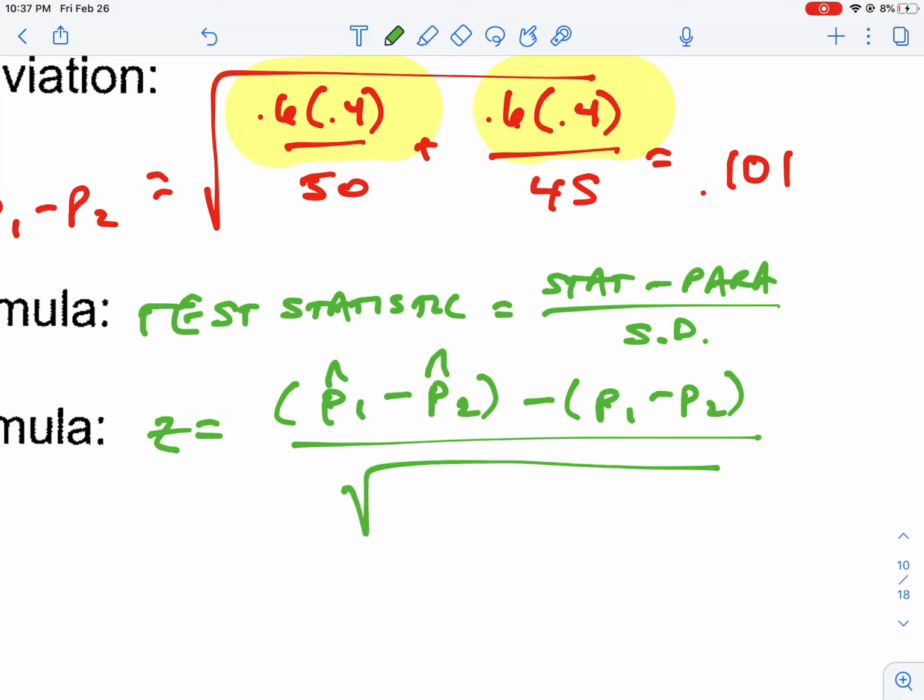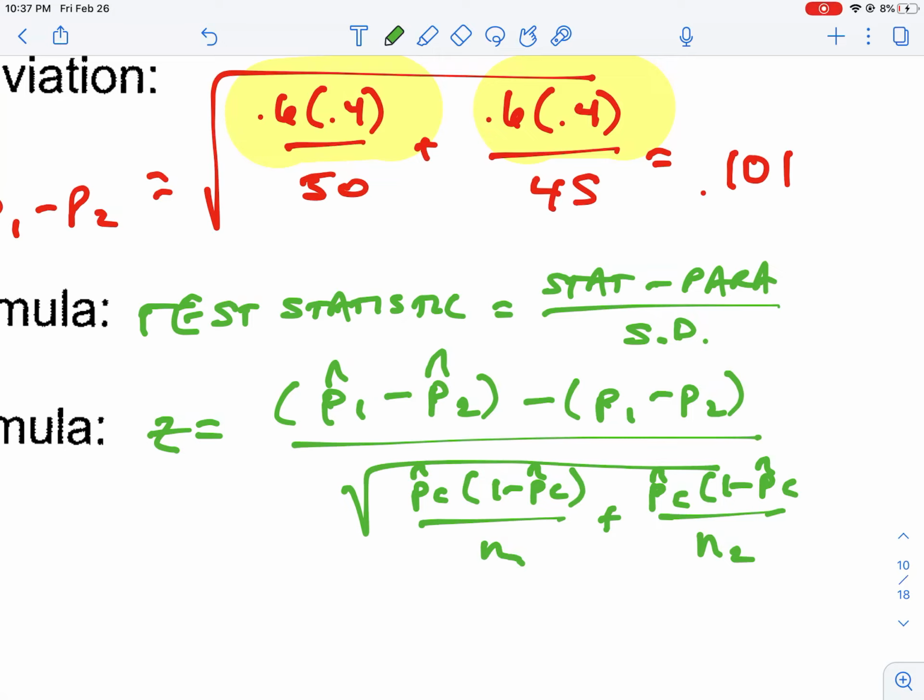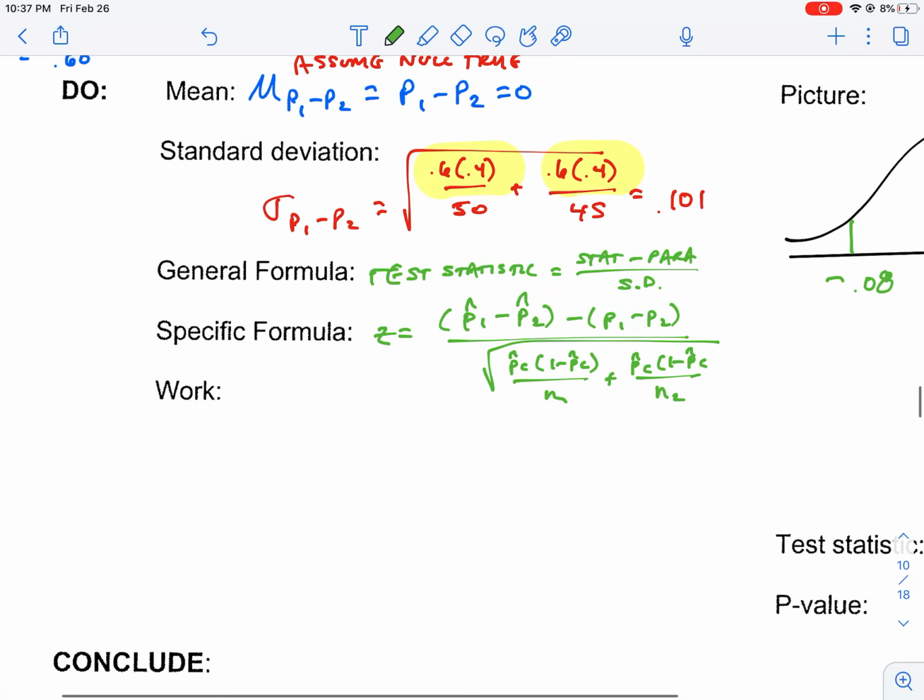And our standard deviation formula here is our p hat sub c times 1 minus p hat sub c over n1 plus, and this is where this formula gets a little bit lengthy, p hat sub c times 1 minus p hat sub c, and then over n2. The good news is we already did this calculation, right? So we're just putting that formula out there for show, to show our work.